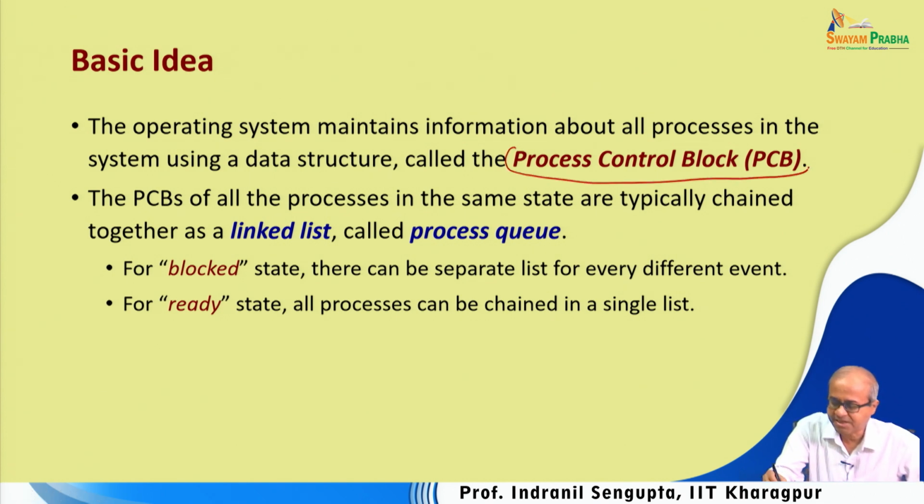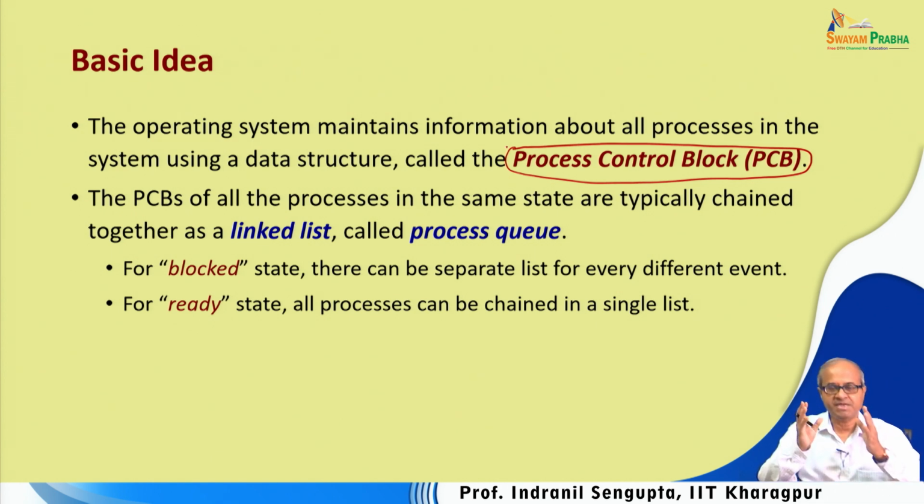This is the basic data structure that is maintained for each and every process in the system, and that contains all the relevant information that needs to be maintained or kept about a process.